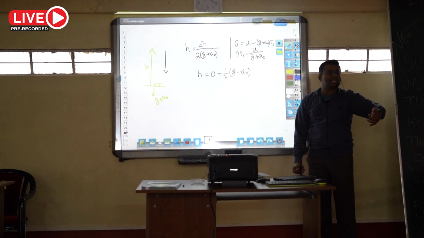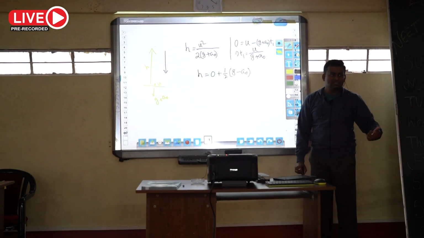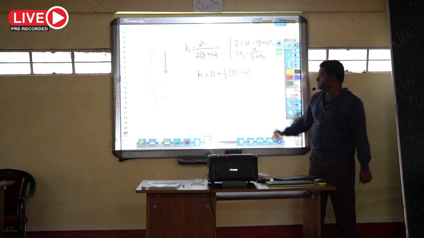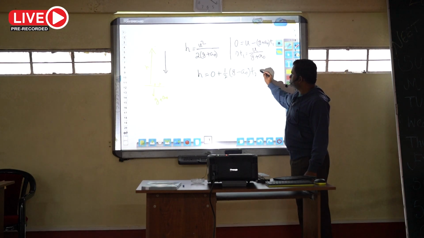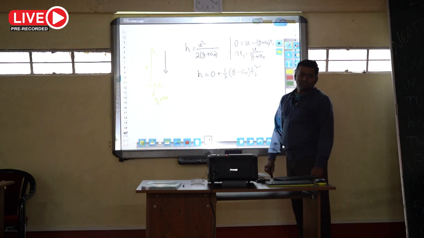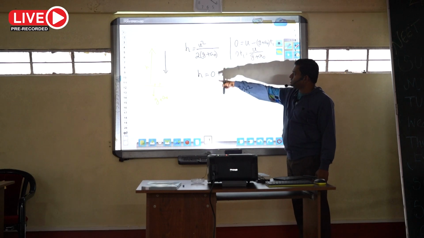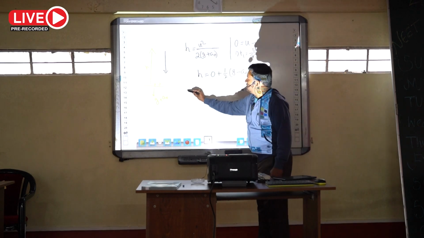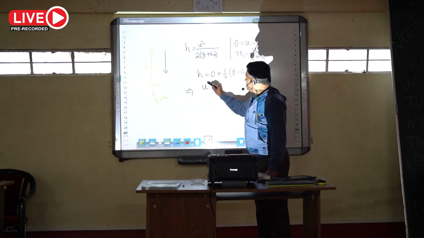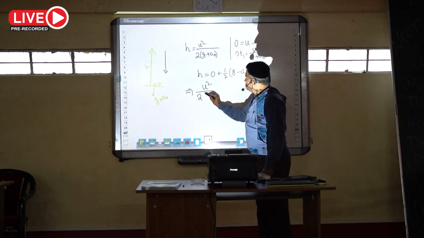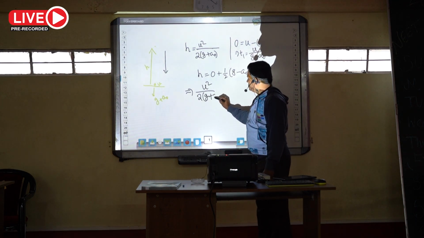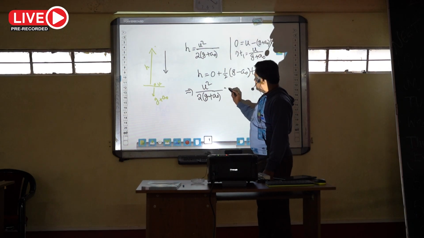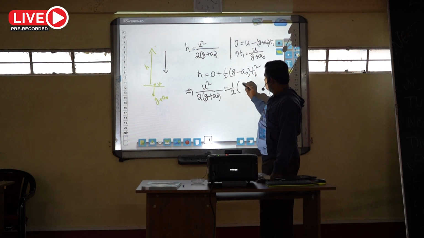Now it is falling with an acceleration less than g, g minus a naught, into T2 square. So the expression for h I can put: u square by 2 into g plus a naught equal to half g minus a naught into T2 square.